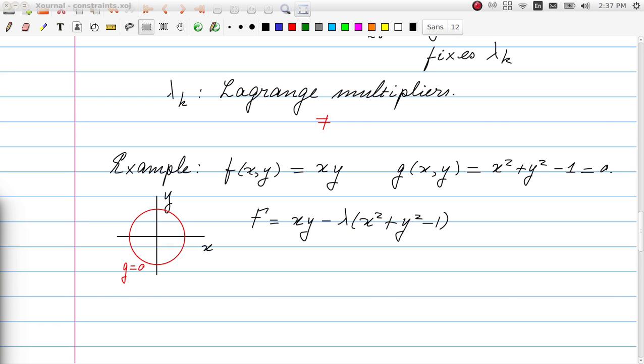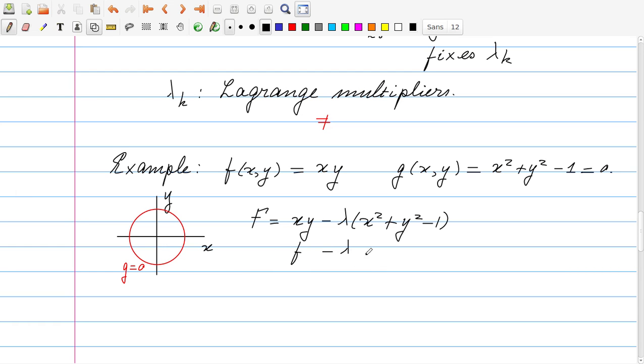So the function capital F is defined according to the recipe we have just studied as f minus lambda g, with f being x times y and the constraint function g put in. We should then take the derivative with respect to x and with respect to y, and put that to 0.